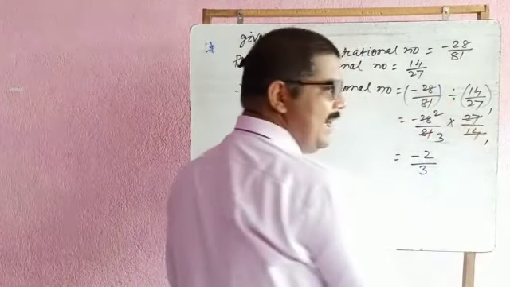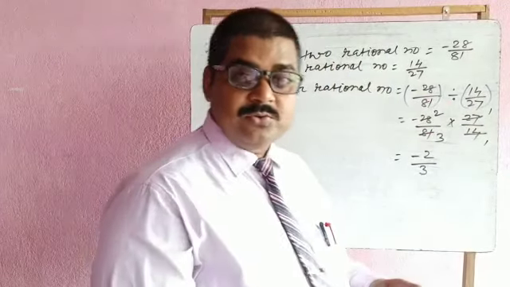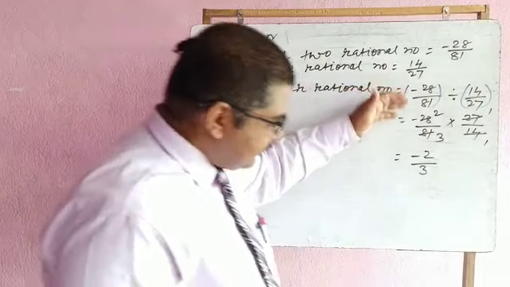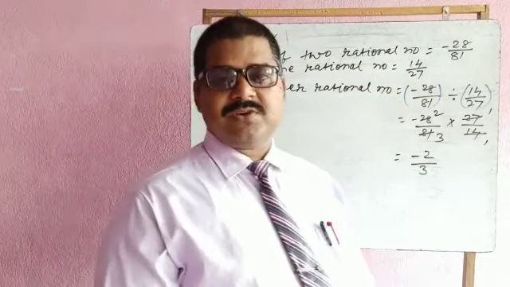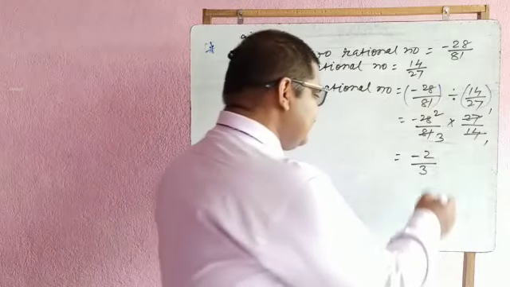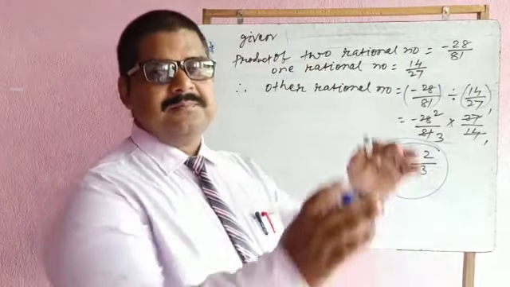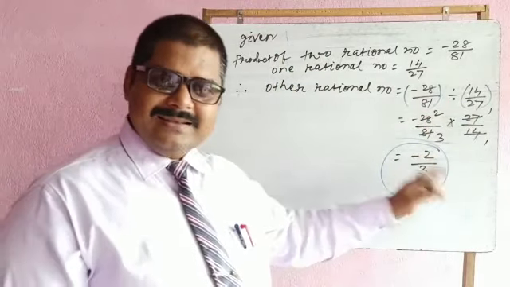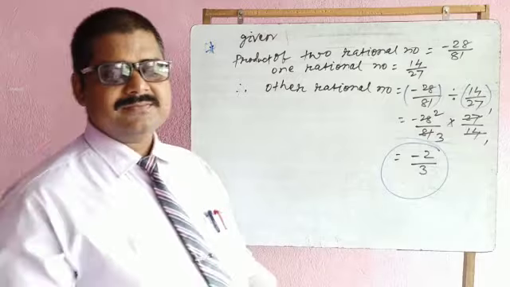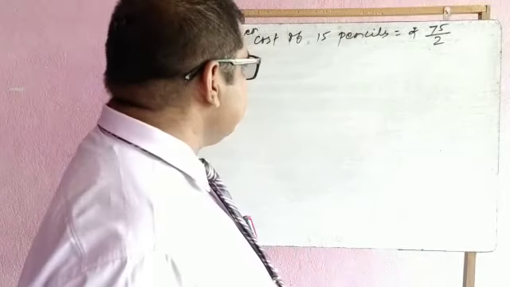I know that you know very well how to divide, and after the division you get minus 2 upon 3, which is the final answer. My dear students, now the next question.